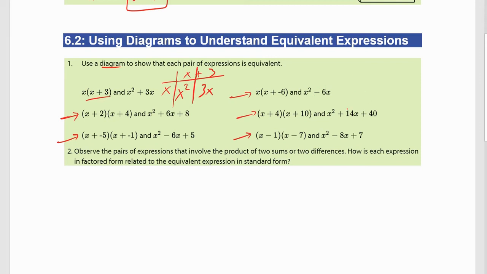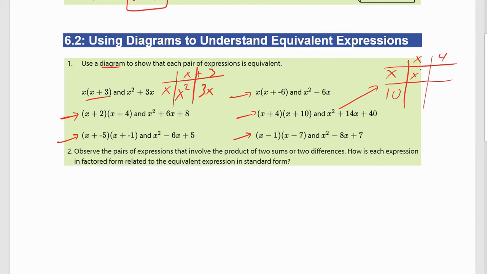So I'll tell you what, I'll do this one over here, just because that's a little bit more interesting of a one to do. So we have x plus 10, right? Times x plus 4.